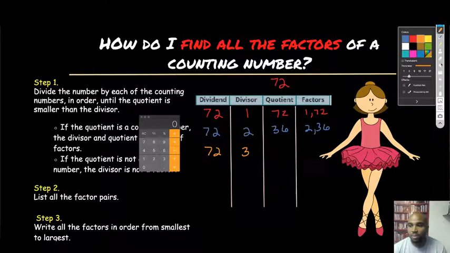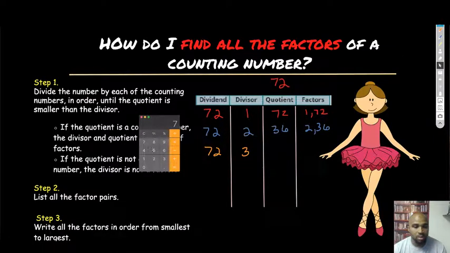I'll use my calculator just to make sure. 72 divided by 3 is 24. So 24 times 3 is 72, and 3 and 24 are indeed factors.